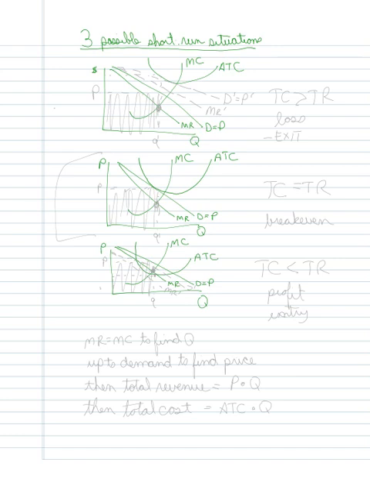So the placement of the average total cost curve becomes important, because what we're trying to do here is calculate the profit, loss, or break-even point.